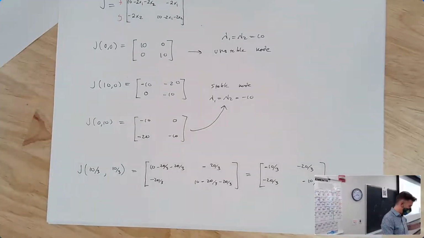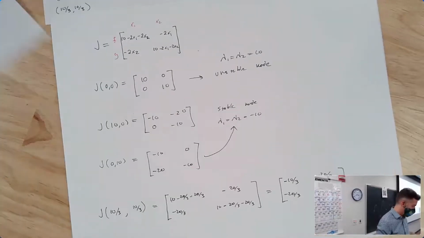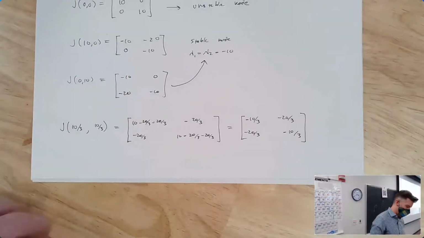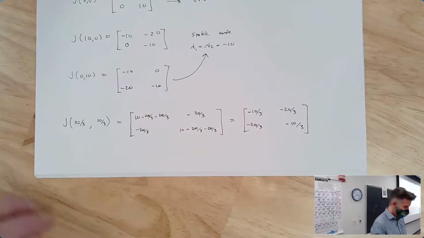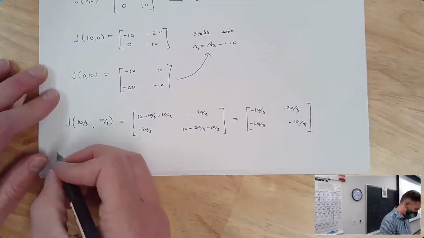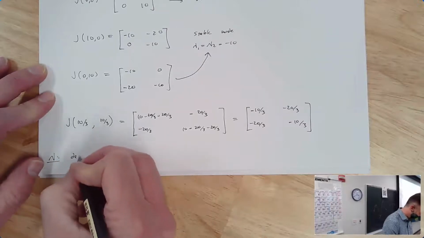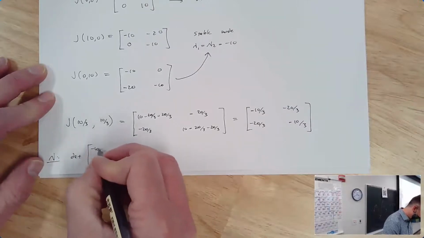Is there a way I can make my life easier? Maybe. So we should probably just do it the long way. If I was trying to find the eigenvalues, I would take the determinant of this matrix.